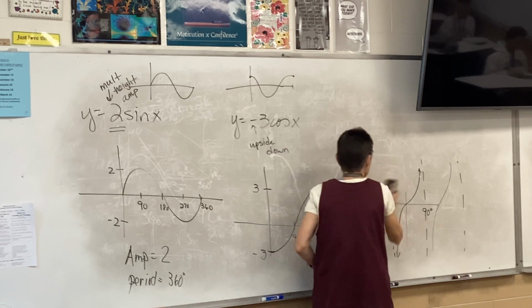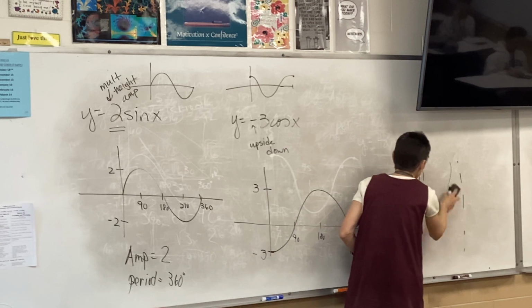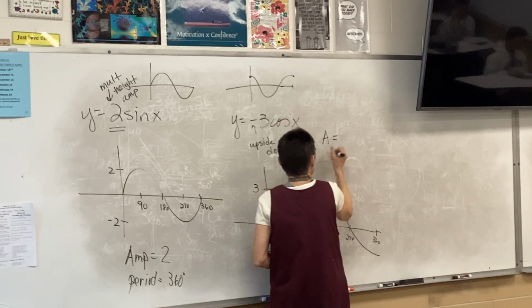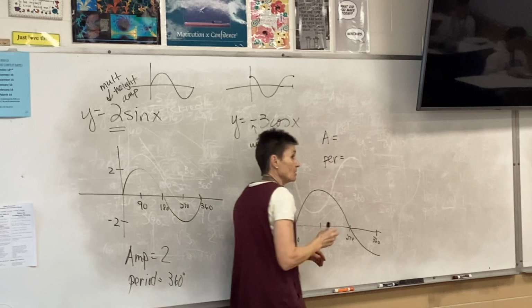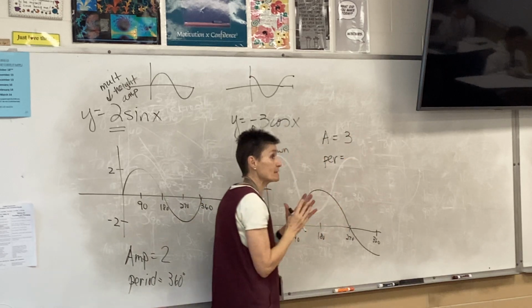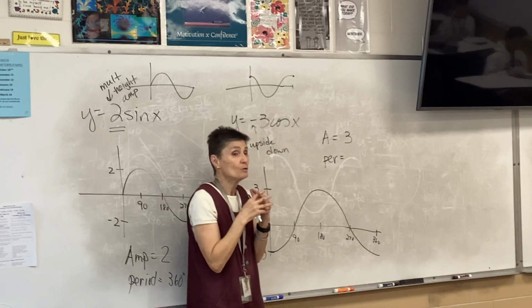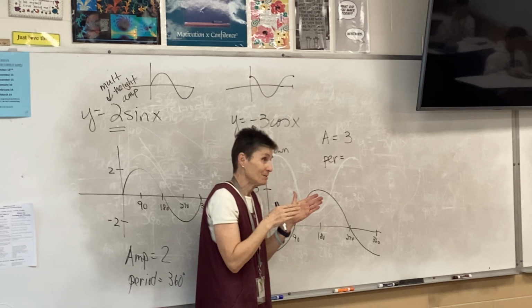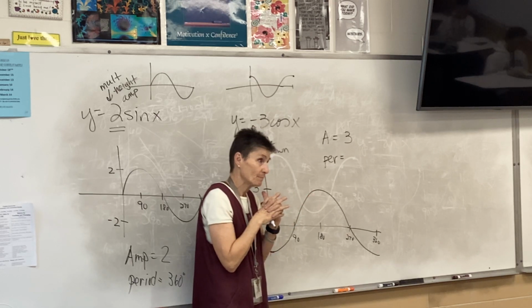For all of these, I'm always going to ask you for the amplitude and the period. So for this one, you will say the amplitude is 3. Please don't say negative 3. Amplitude is the height of the hills. Now, I know I turned it upside down, but isn't the height still 3?